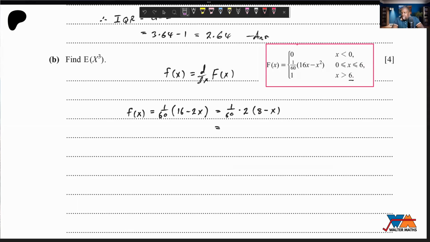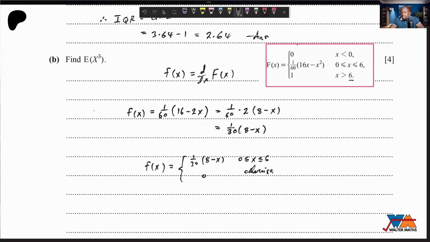So it's basically 1 over 30 of 8 minus x. So we are saying that f of x is equal to 1 over 30 of 8 minus x for values between 0 and 6, and it's 0 otherwise.